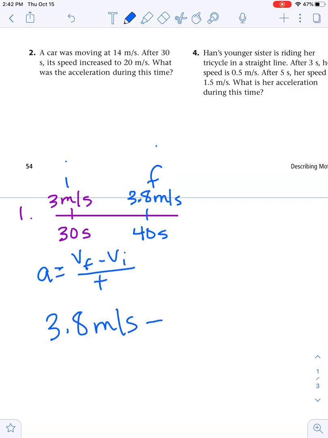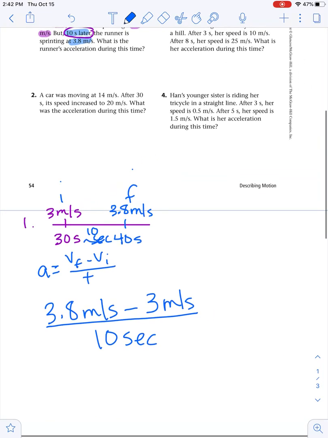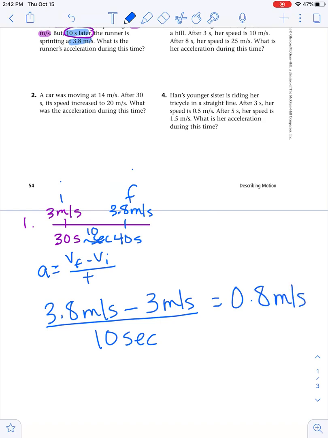Subtract off my initial, which is 3 meters per second, divided by the time frame I'm looking at. So what I'm looking at here is 10 seconds. So then I'm going to subtract that 3.8 minus 3, and that gives me 0.8 meters per second divided by 10 seconds.